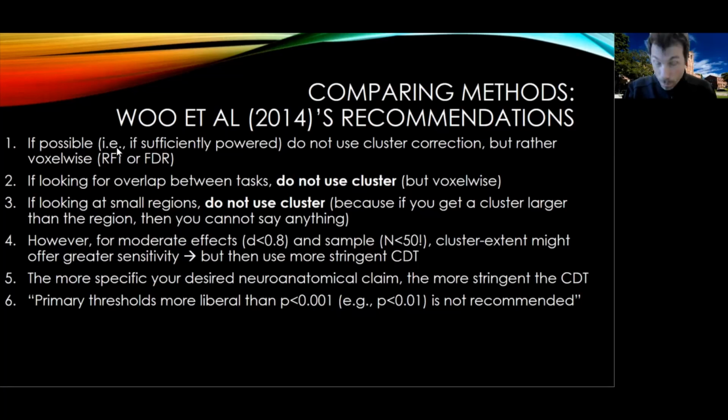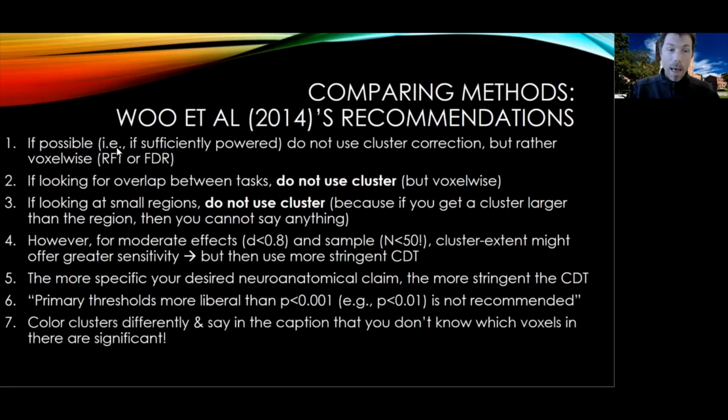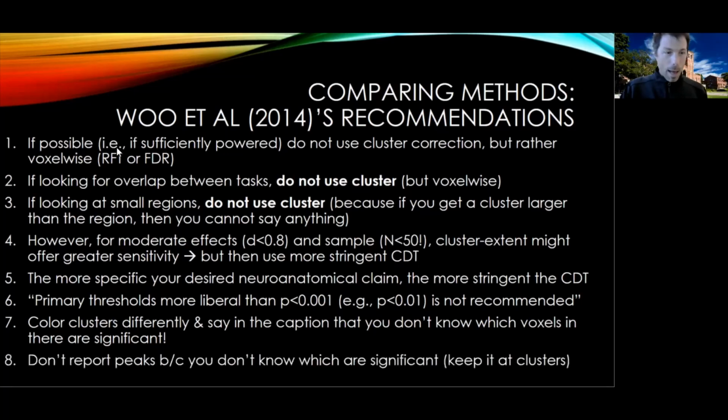I mean, you might do it that way, but the truth is that if you want to be really precise, you also ought to add to that what type of variance you're using at the group level. And finally, they do say, look, if possible, color clusters differently and be very clear that this is the cluster you get, but you don't exactly know inside those voxels which are the significant ones.